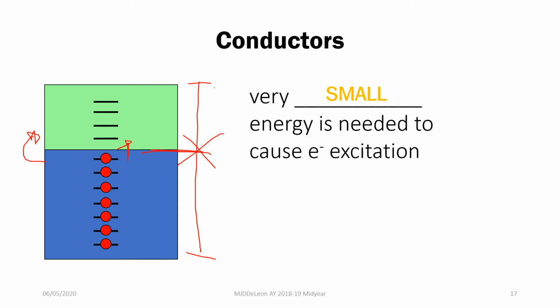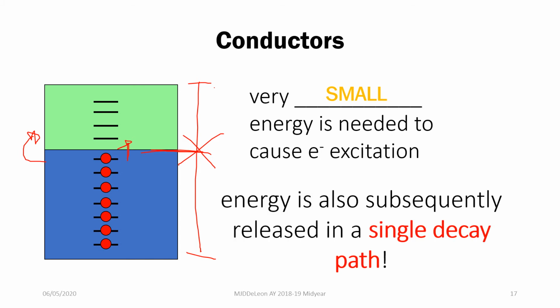And since ganito nga yung band structure natin, through some other explanation na hindi nyo pa kailangan malaman, there's only a single decay path, isang decay phenomena lang ang kailangan ng electron mo para bumaba into its original energy level. So sa conductors mo, yung energy ng light na kaya nyong ma-absorb is from the lowest energy of light up to some value here.